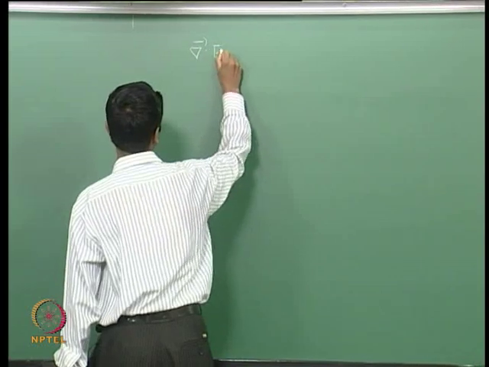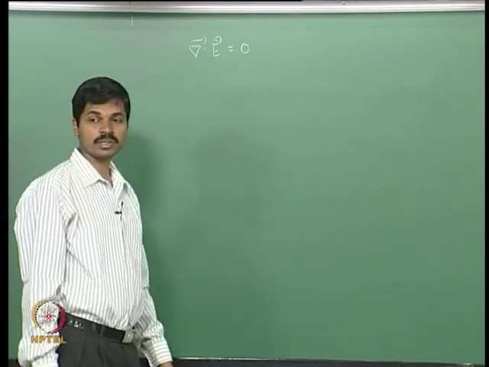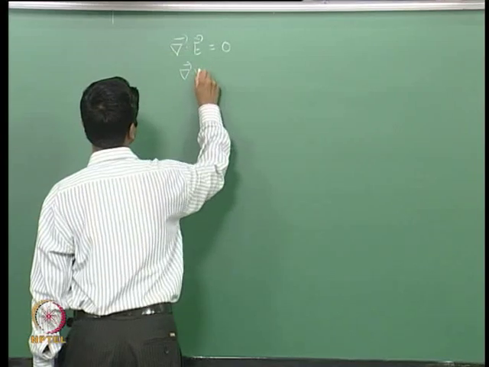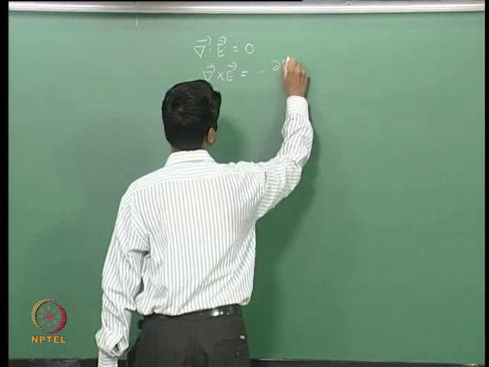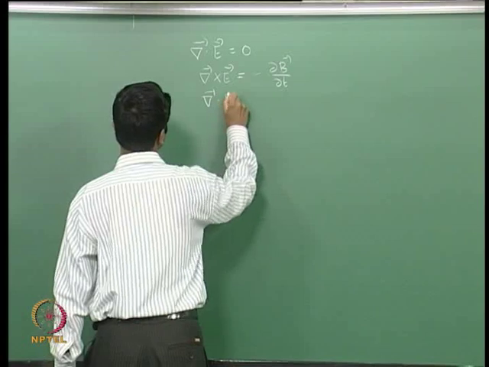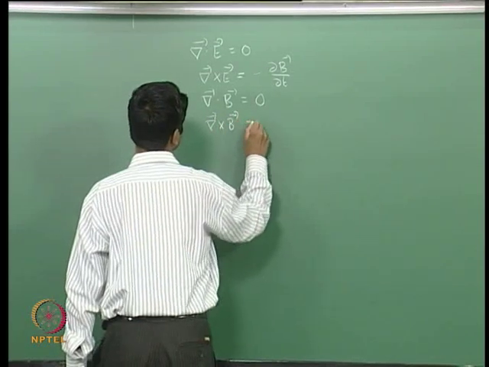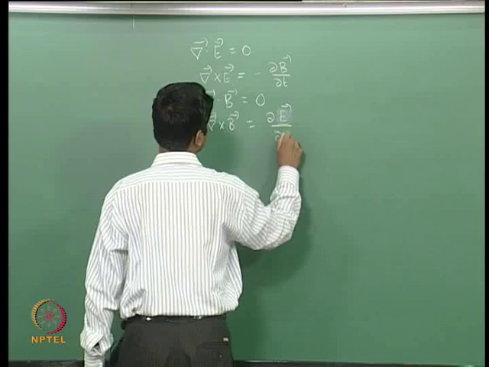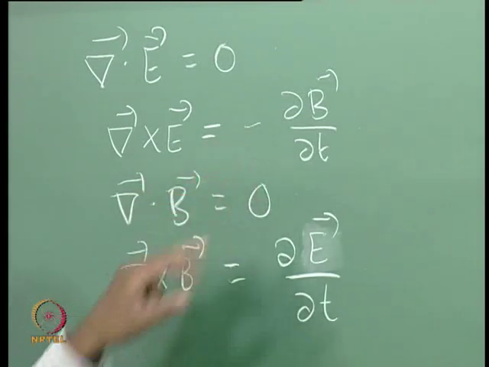You have delta t equal to 0, because we are considering Maxwell's equations in free space, and you have del cross E, which is minus del B over del t, del dot B equal to 0, right. Is this minus sign here correct?